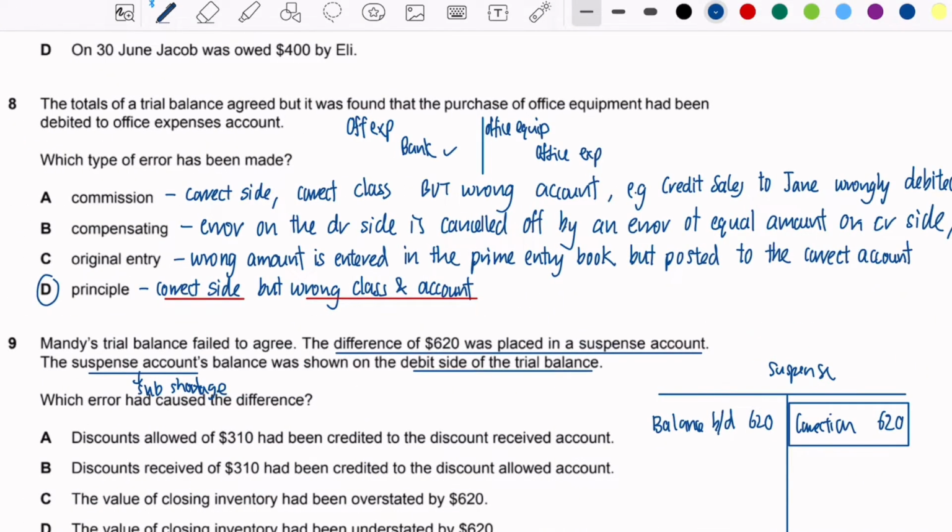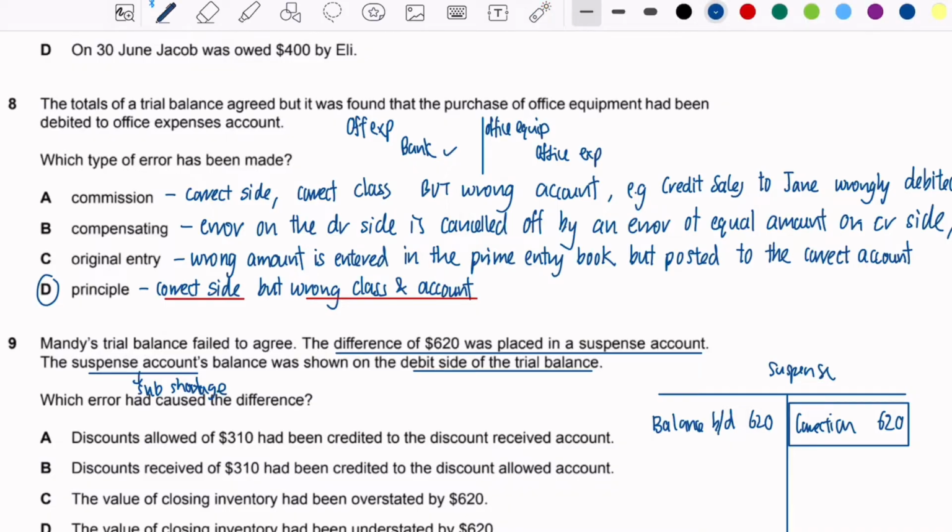When this trial balance failed to agree, the difference of $620 was placed in the suspense account. The suspense account's balance was shown on the debit side of the trial balance. So we know that suspense account is used to substitute the shortage and it's on the debit side. So it tells us that the shortage is on the debit side.